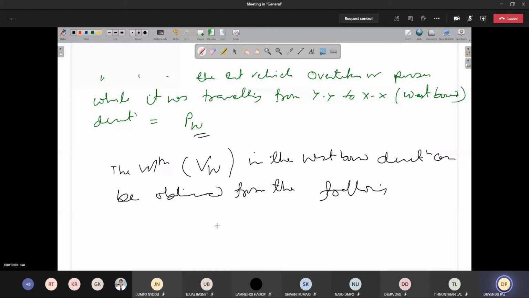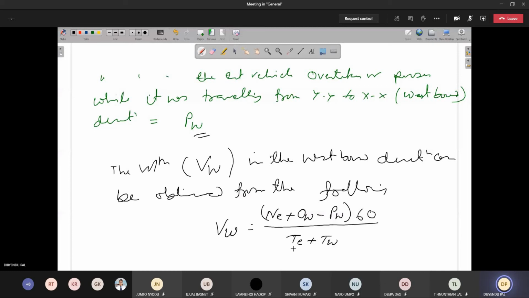Basically, without telling how this expression comes in, first you write down that, then I will tell you this derivation. NE plus OW minus PW into 60 divided by TE plus TW.